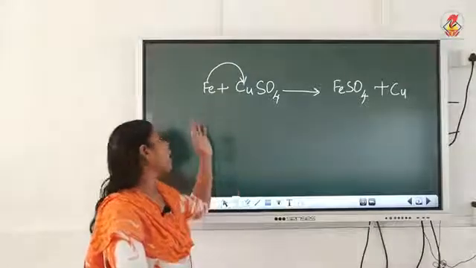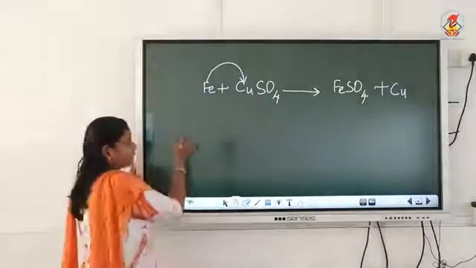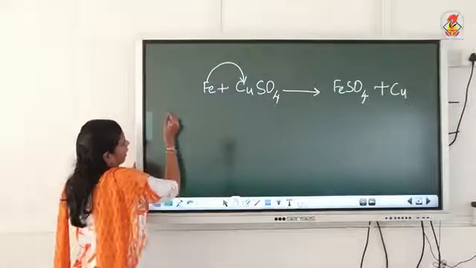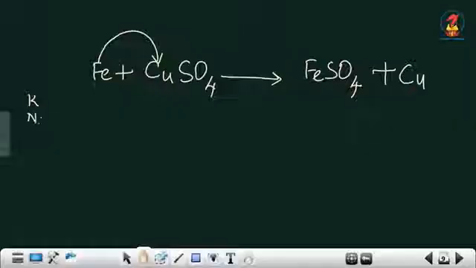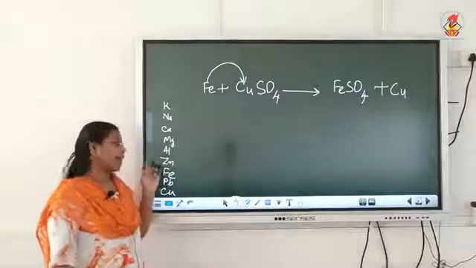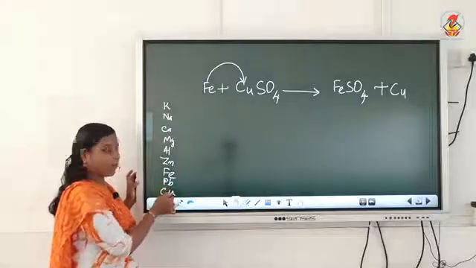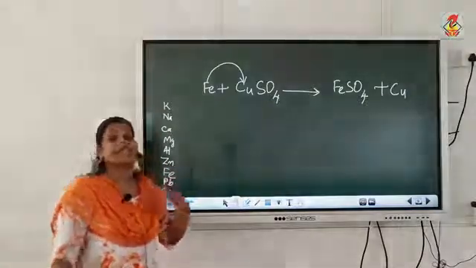In the case of copper and iron, we know the position of these metals in the reactivity series. If we recollect the reactivity series: potassium, sodium, calcium, magnesium, aluminium, isn't it? Zinc, then comes iron, and after that lead, then copper. Like this is the arrangement of metals in the reactivity series. So, when we observe this reactivity series, iron is above copper, so iron is more reactive than copper.